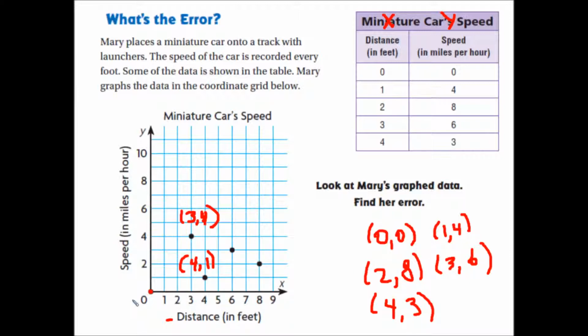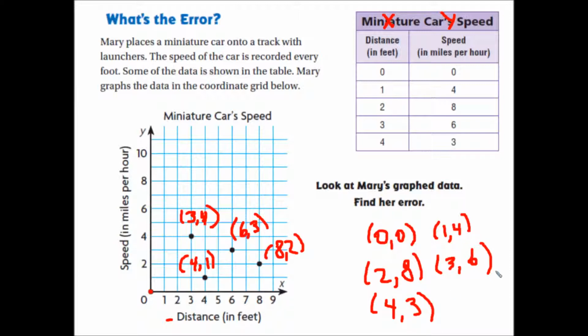Next, we have (6, 3). There is no (6, 3) either, so that one is wrong. And then we have (8, 2). And there's no (8, 2) either.